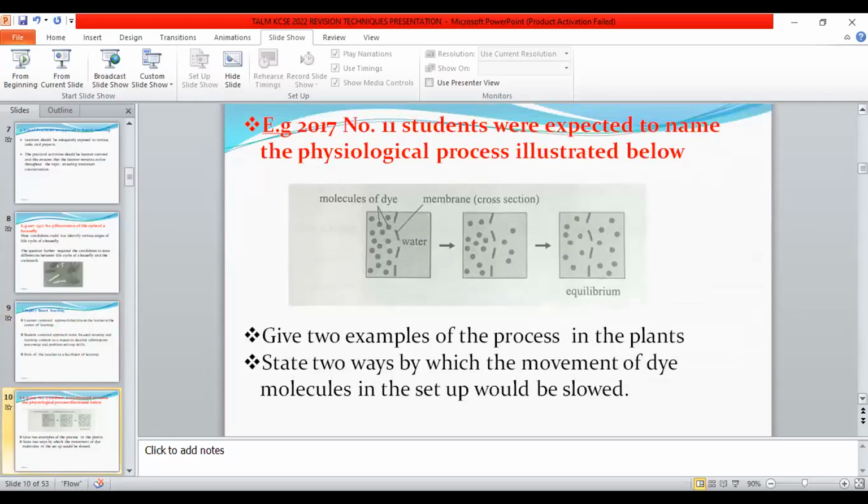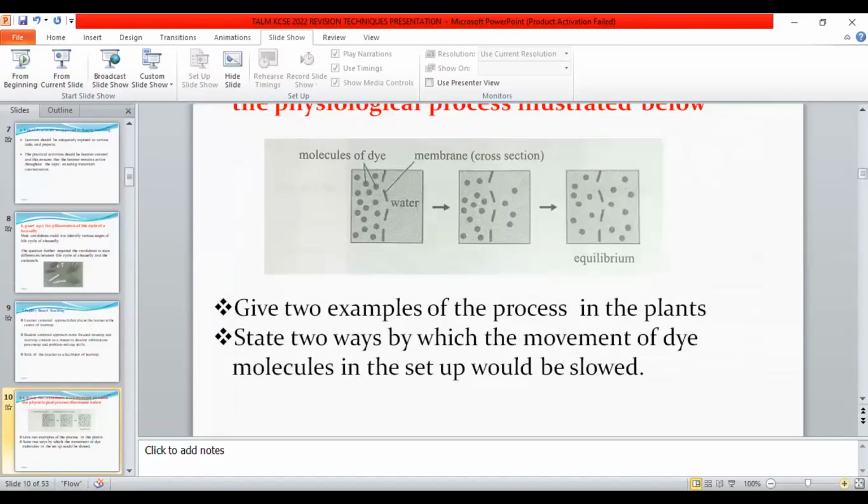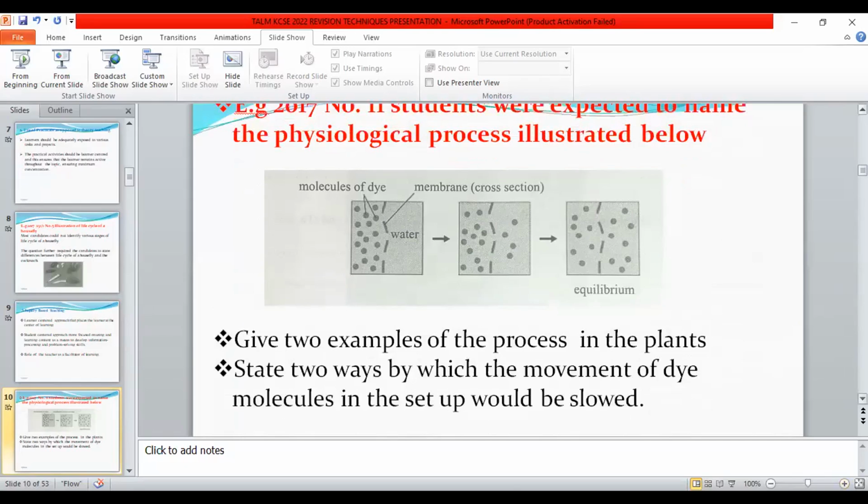Question number 11, such that if we have a school where probably this methodology was not being used, where they were only used to being told what happens, the majority of them could only score the part on giving 2 examples where the process takes place. At least they can see this is diffusion. This is an activity which is normally done even in chemistry, factors affecting the rate of diffusion.